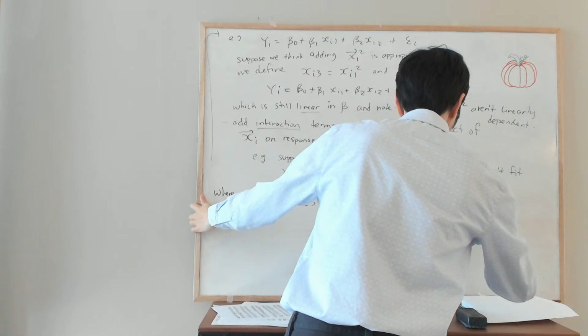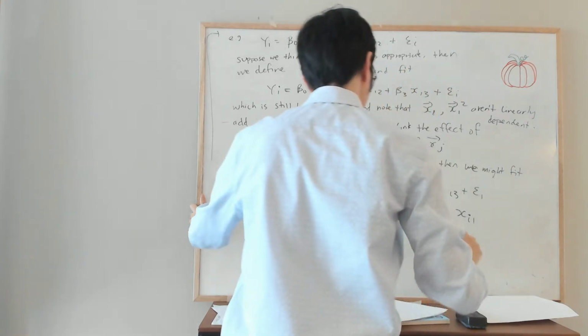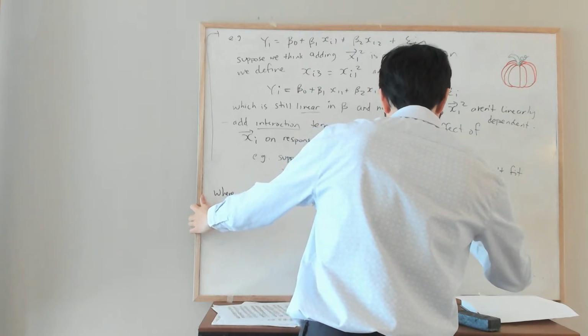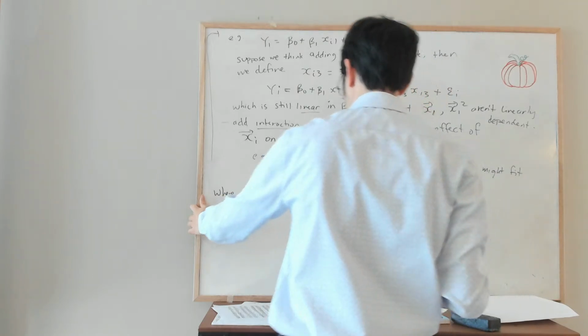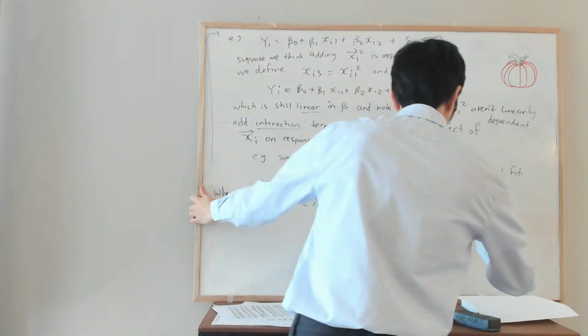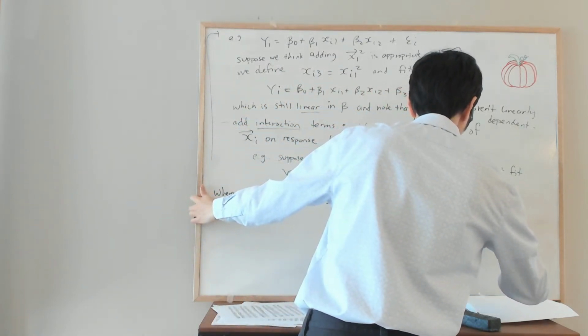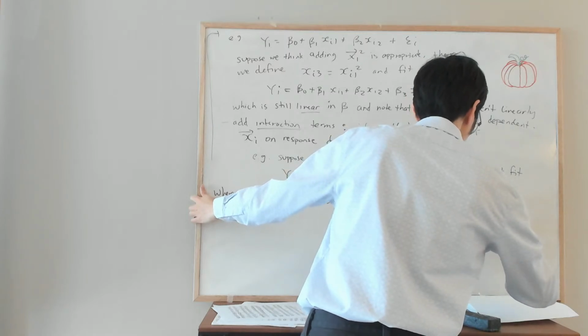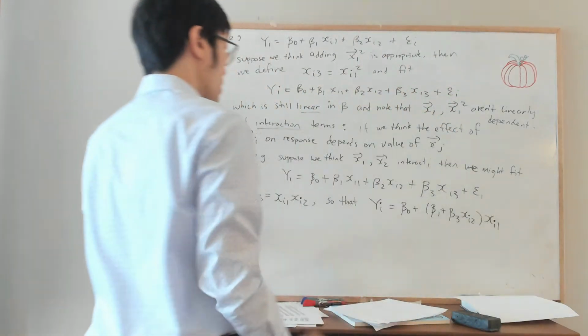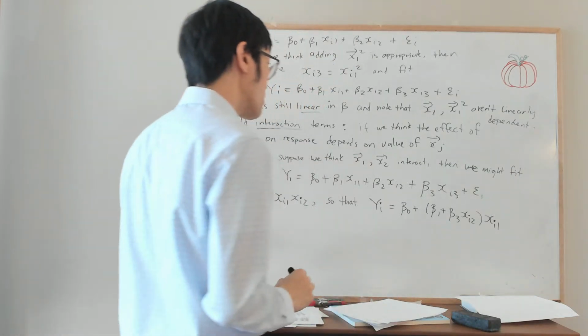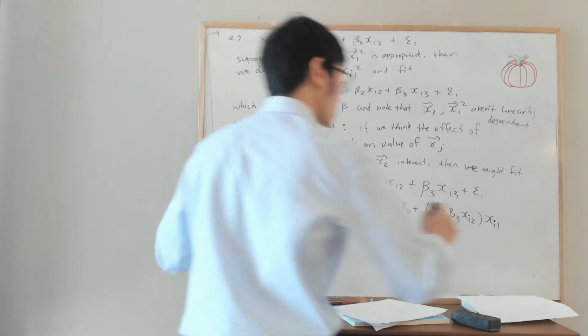I have xi1 here, so we'll have beta 1 plus beta 3 xi2 times xi1, and then beta 2 xi2 plus epsilon. If I group the terms that way, we can see more clearly what's going on.